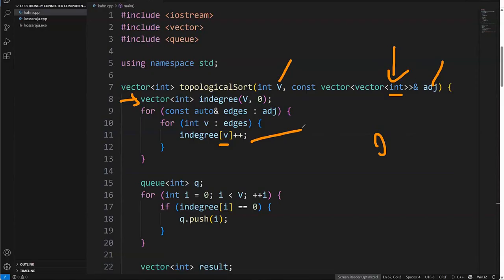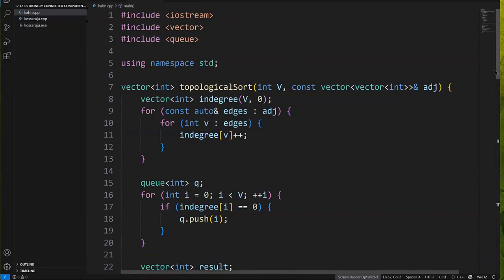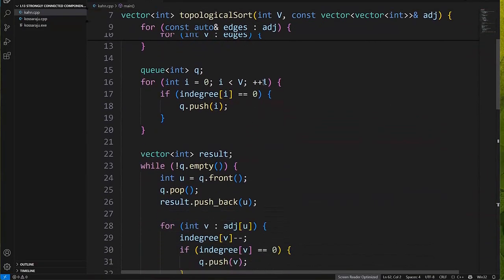And then you create an empty queue, and you check if the incoming degree is zero, you push it in. After you push it in, you remove the edges from that node to other nodes.